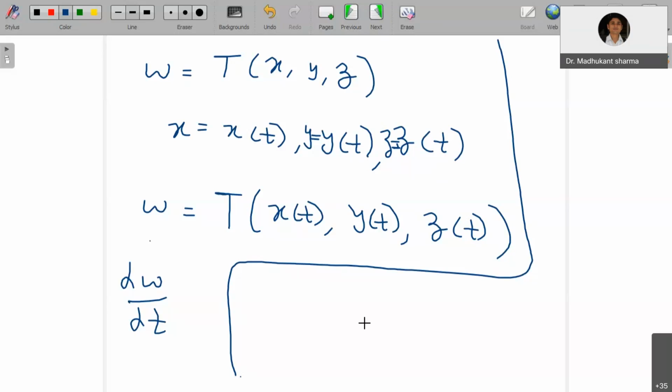So that will be some type of physical interpretation of this composite function. You can take it as this. Fine.